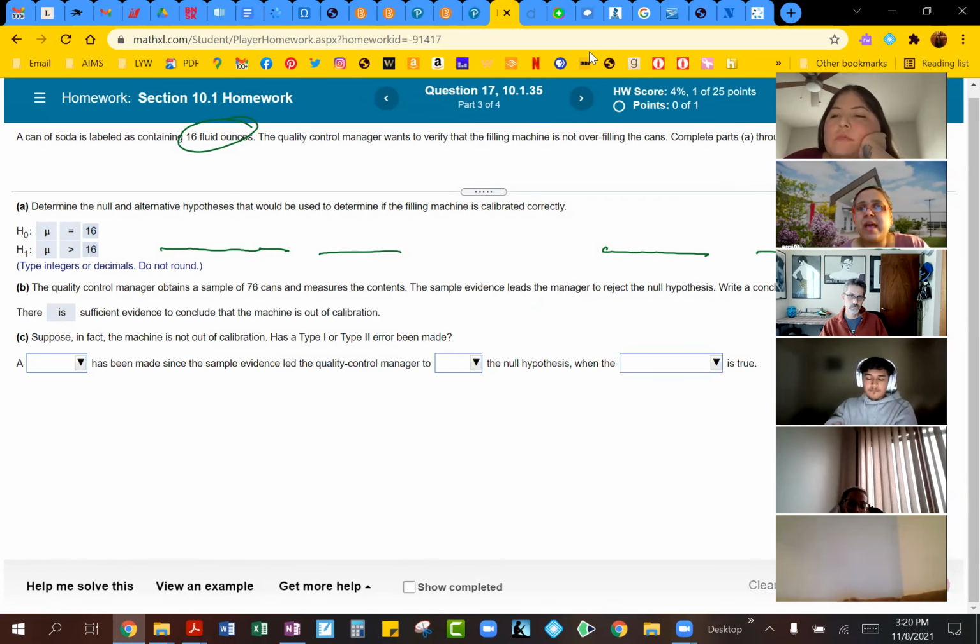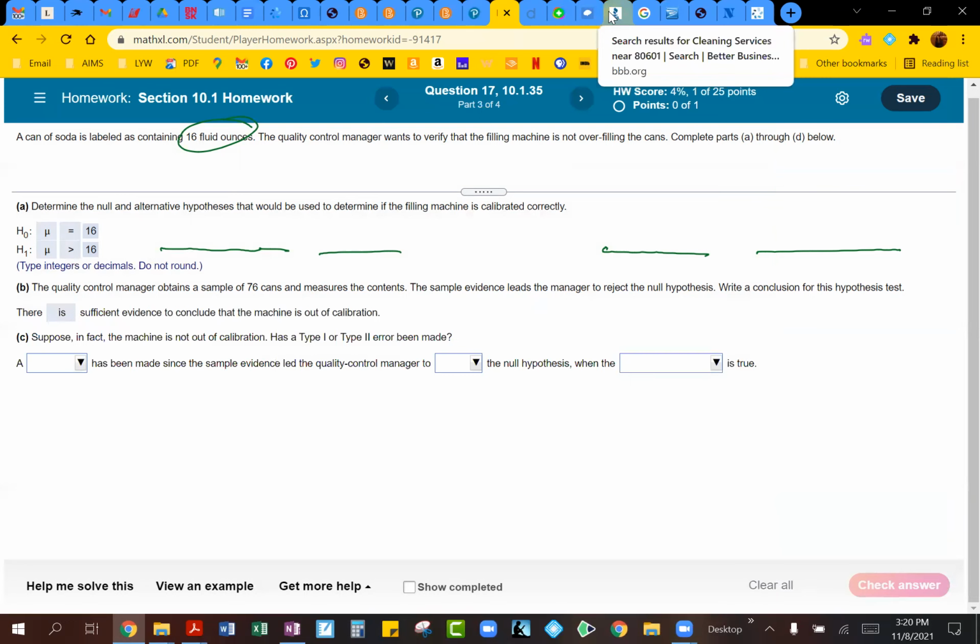Okay, so now we have taken care of that part. Now we're getting into, suppose in fact the machine is not out of calibration. So he has rejected the null hypothesis, which led us to believe there's enough evidence to reject the null hypothesis, which means the machine is out of calibration. But now they're saying, what if the machine is actually not out of calibration?